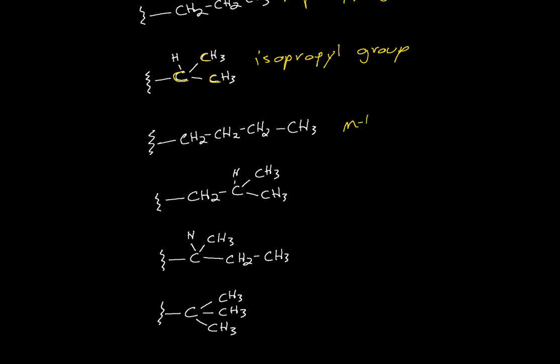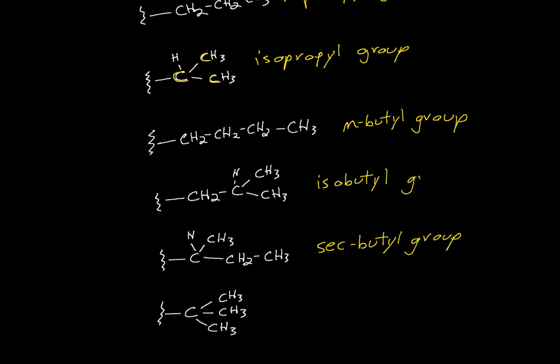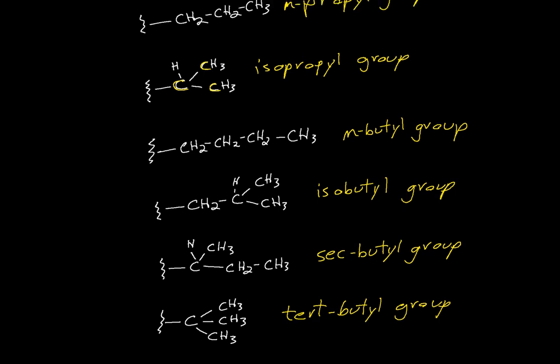So we have an n-butyl group, an isobutyl group, a secondary or sec-butyl group, and a tertiary or tert-butyl group. So now we have some new words again. You can go crazy with terminology, but in this case it's pretty important.